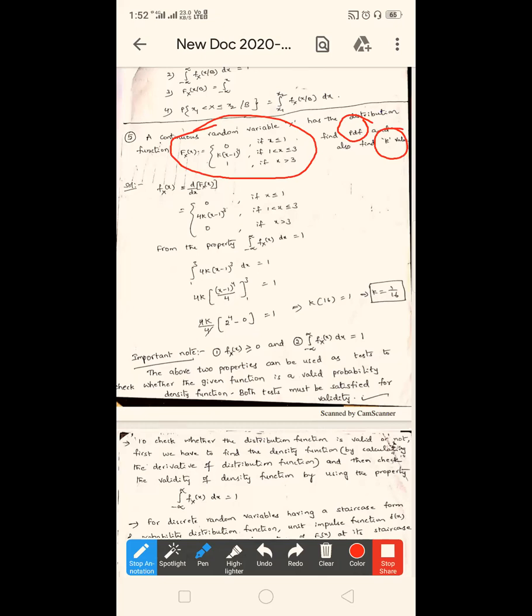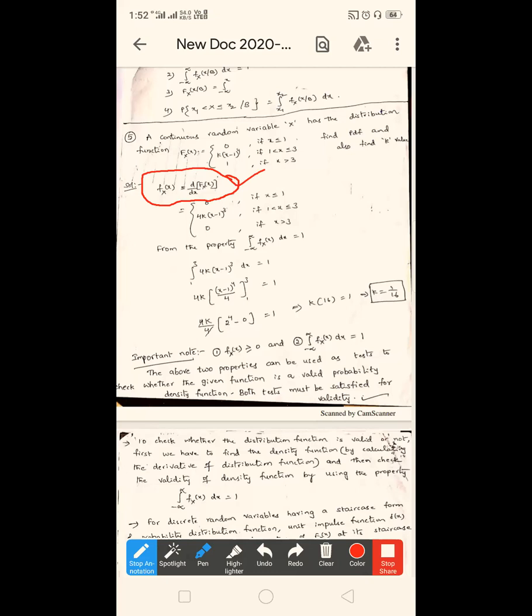So here, how can we find the probability density function? What is the relationship between the probability density function and the cumulative distribution function? The probability density function is equal to the derivative of the cumulative distribution function.